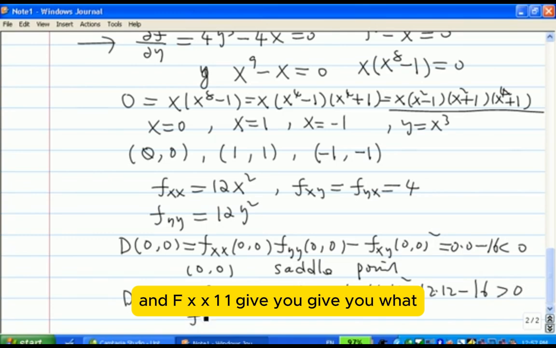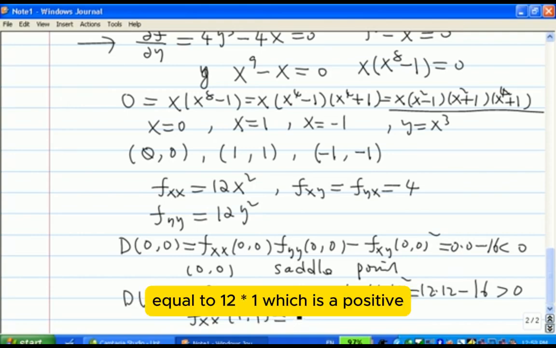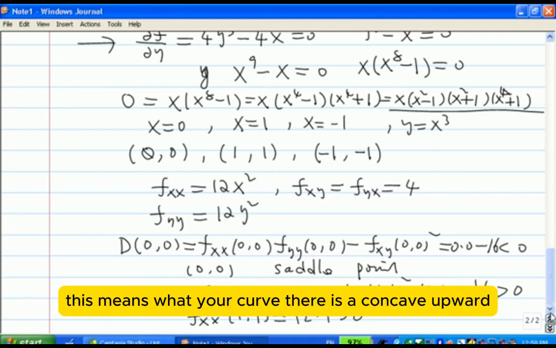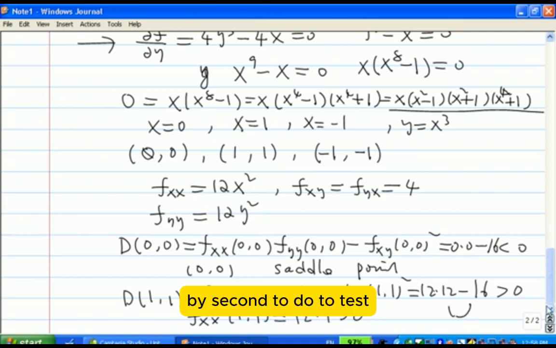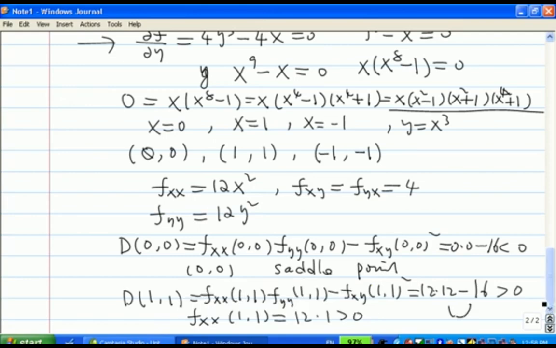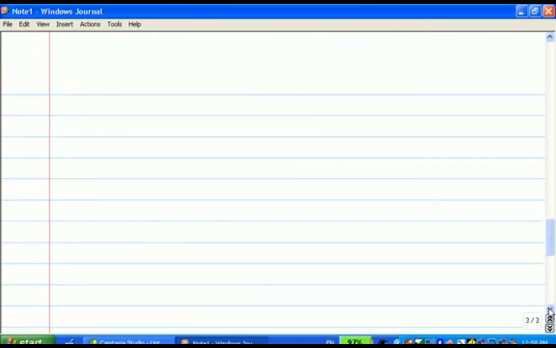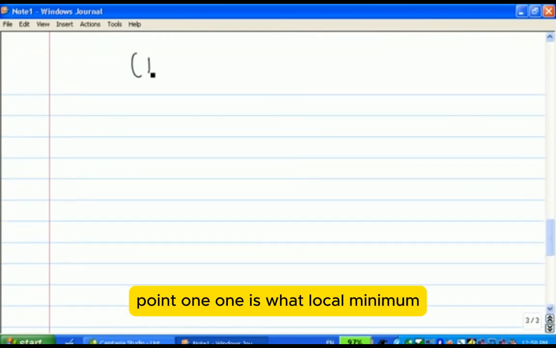And fxx(1,1) gives you what? Equal to 12 times 1, which is positive. That means what? Your curve there is concave upward. By the second derivative test, (1,1) is what?